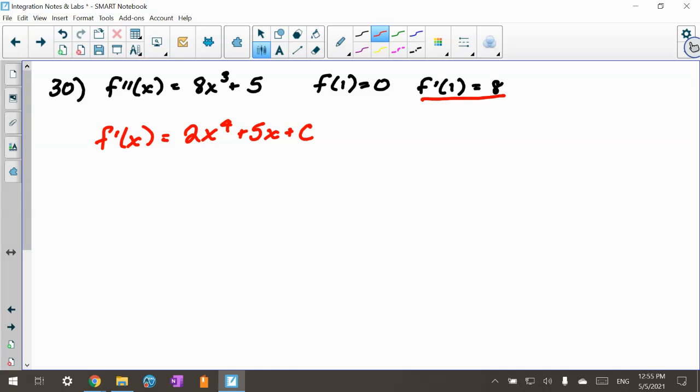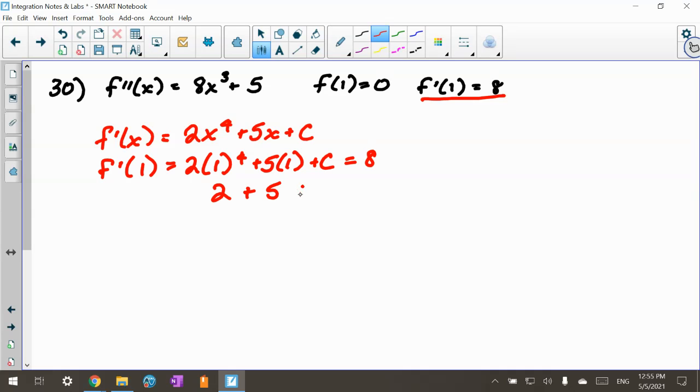F prime of 1 is 8, so f prime of 1 is going to be 2 times 1 to the 4th plus 5 times 1 plus c equals 8. So I have 2 plus 5 plus c equals 8. So 7 plus c equals 8, so c is 1. So my actual f prime of x is 2x to the 4th plus 5x plus 1.